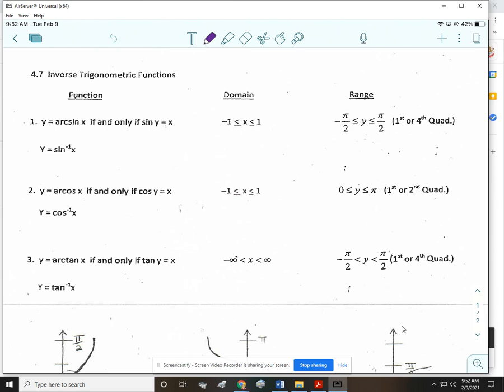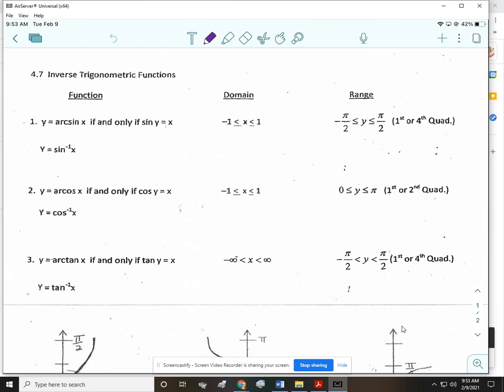So for the arc sine or the inverse sine function, the domain, what you can put into it, has to be values between -1 and 1. And what you get out of it is an angle that's either in the first or the fourth quadrant that has that sine that you put in.